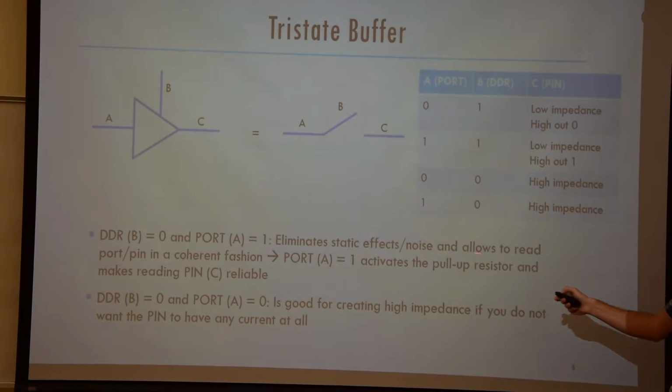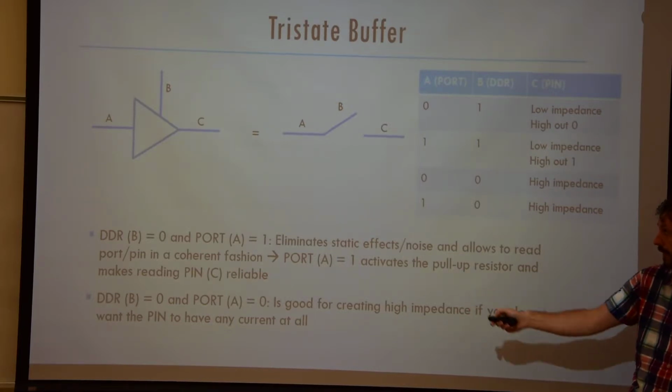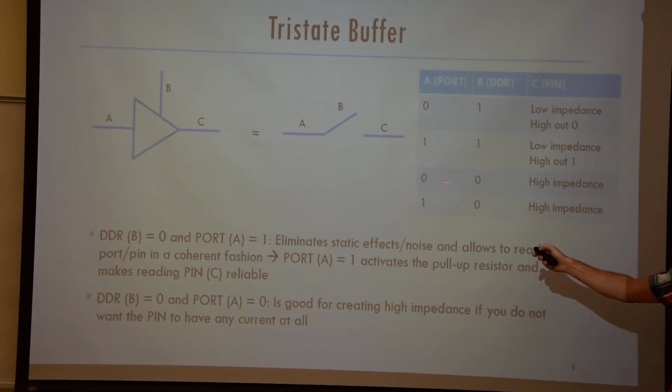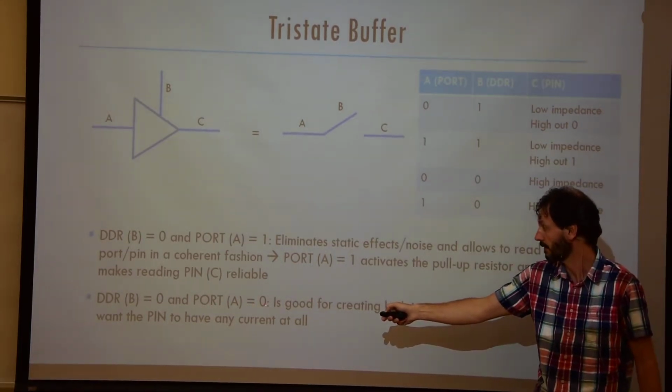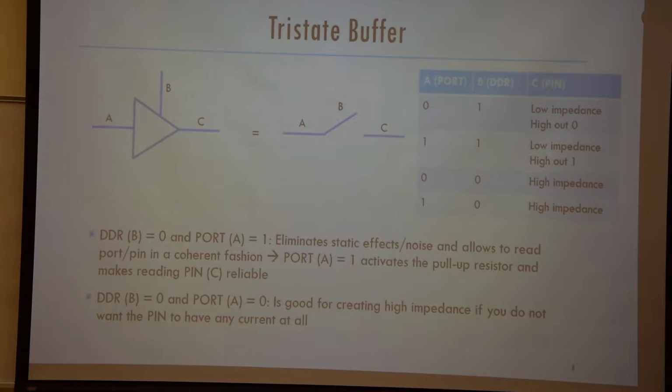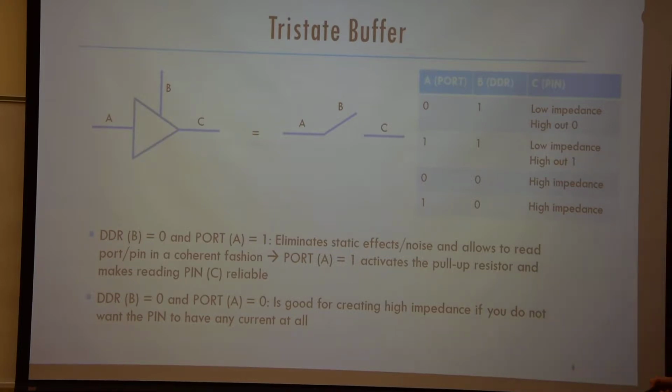But this will eliminate static effects and noise and so forth, and it effectively activates the pull-up resistor and makes reading of the pin now more reliable. Now, this other option over here, where the port A is set to 0, is good for creating high impedance if you do not want to use the pin to have any current at all. So that's kind of interesting too.